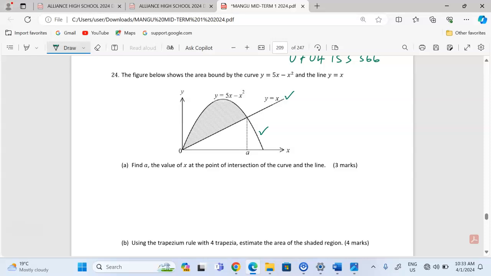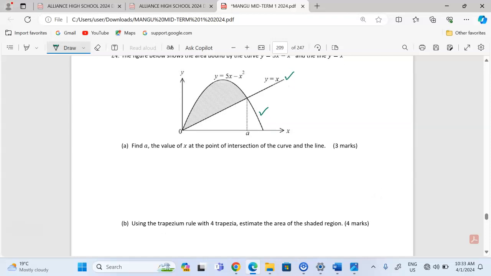So where the two intersect, we can solve them simultaneously. At that point, y equals 5x minus x squared, and also y equals x.